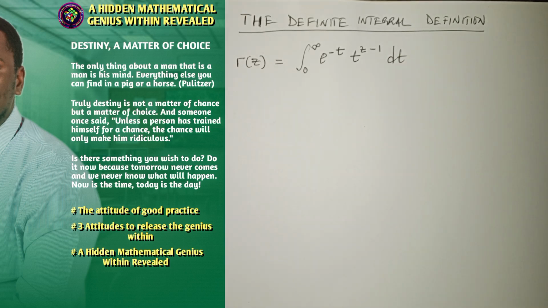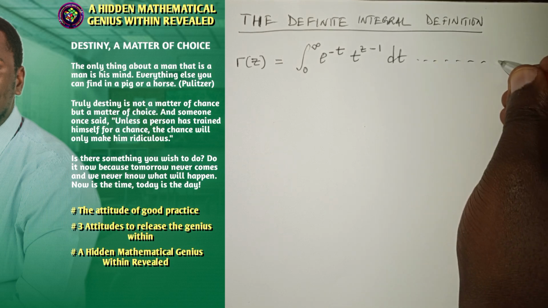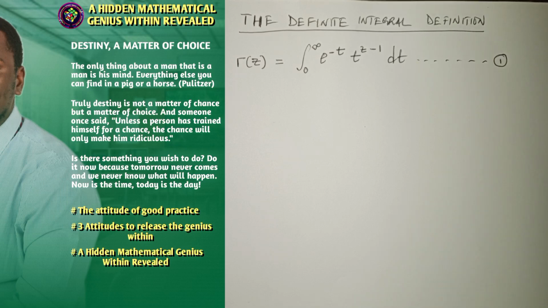So this is the definite integral definition, and this is equation 1. The definite integral definition can be written in three forms, so we have two other forms which we need to discuss.